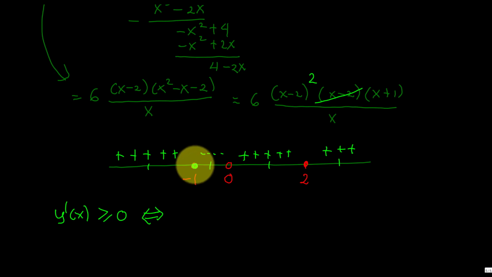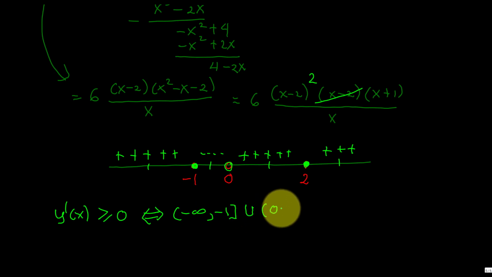The 2 is also part of the solution, but not when x equals 0. So the solution is negative infinity to negative 1, including negative 1, and then union 0 to 2, and then 2 all the way to infinity. So it's going to be from 0 to infinity.